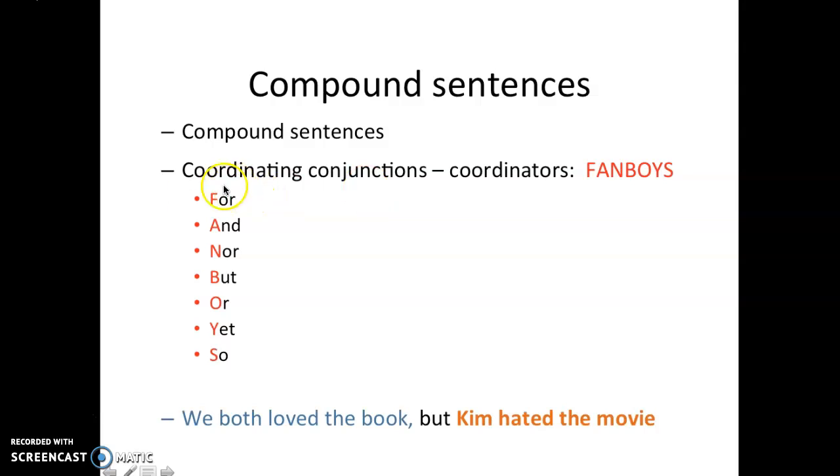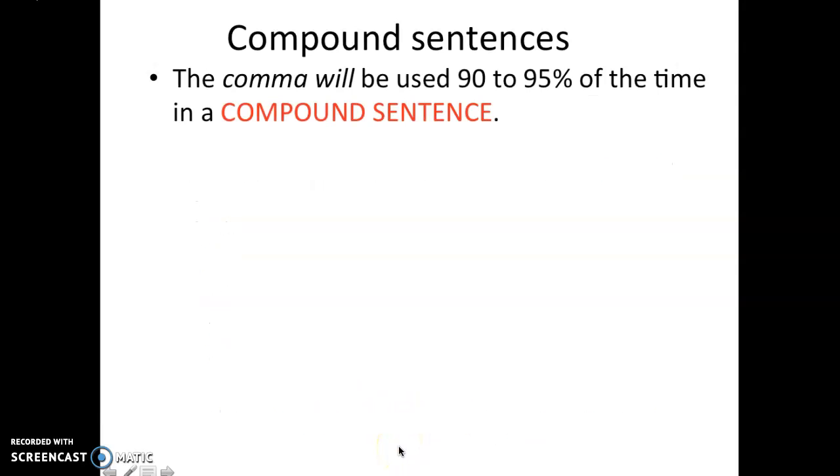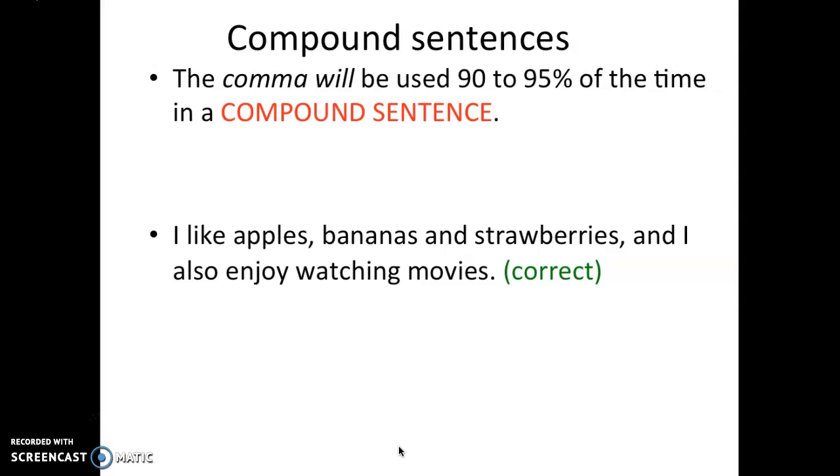Okay? So these words are called coordinators. So when you have a word like this in a sentence with two independent clauses, you put the comma. Okay? The comma will be used 95% of the time in compound sentences.